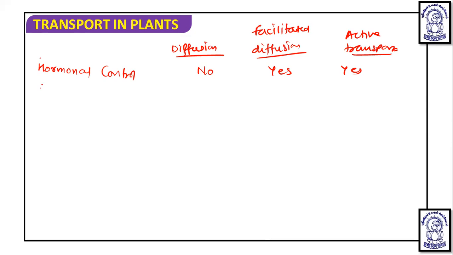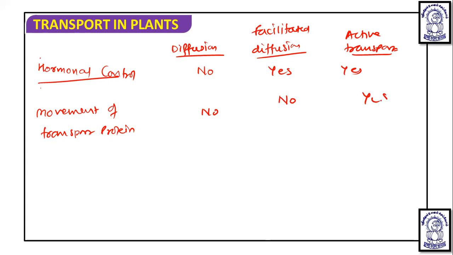So this is the hormonal control. After this, the effect of inhibitor, the inhibition we have discussed. One more thing, movement of transport protein. If somebody asks, we remember it does not occur in diffusion and facilitated diffusion, but it occurs obviously in pumps, that is active transport. So this is the comparison.